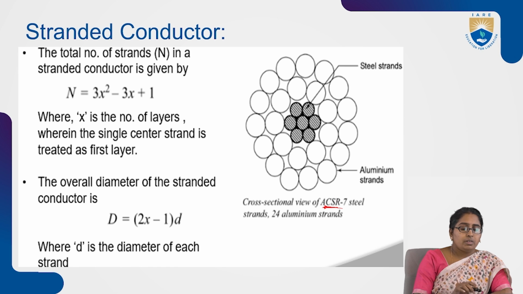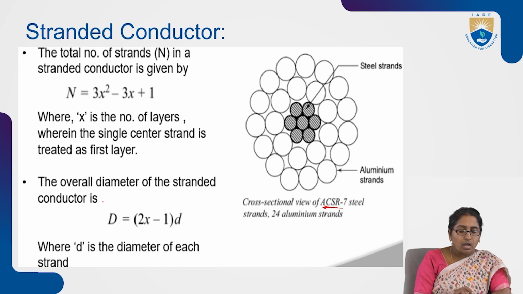Now the total number of strands is denoted with capital N, given by 3x square minus 3x plus 1, where x is the number of layers. That is how the total number of strands is calculated.